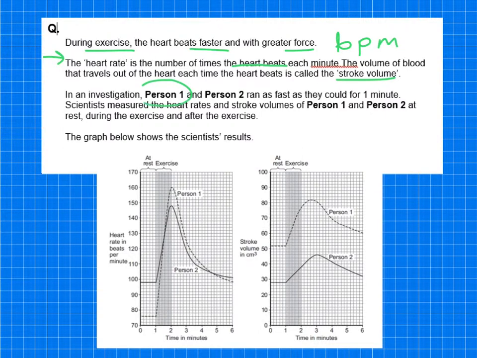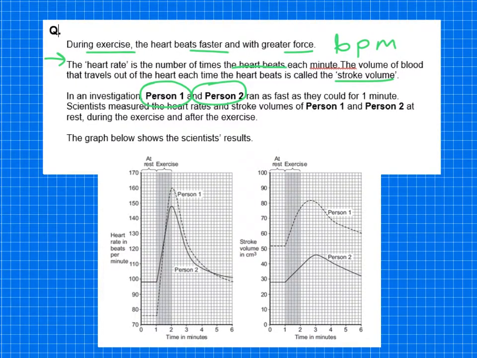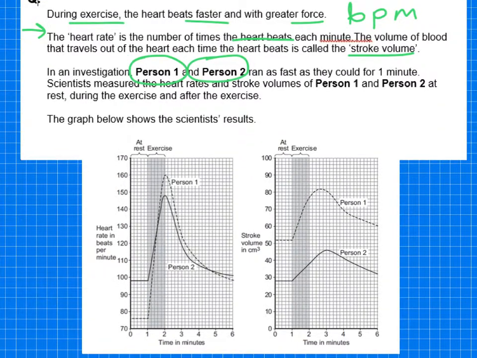So they have two people, person 1 and person 2, and it says they ran as fast as they could for 1 minute. So you can see in the graph person 1 and person 2. Then it says scientists measured the heart rate and stroke volumes of person 1 and person 2 at rest, during the exercise and after the exercise.